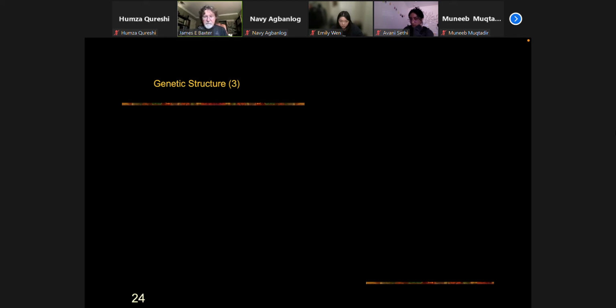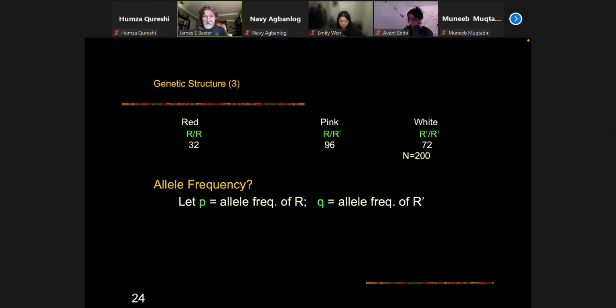A little bit more important, that we're going to use a lot, is allele frequencies. We don't get our allele frequencies by just looking at the phenotypes, so this is a more specific meaning. It's out of all the total alleles. We have 200 individuals in this sample, each of them having 2 alleles at this gene locus.